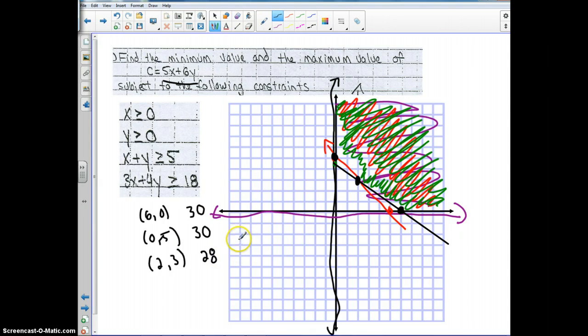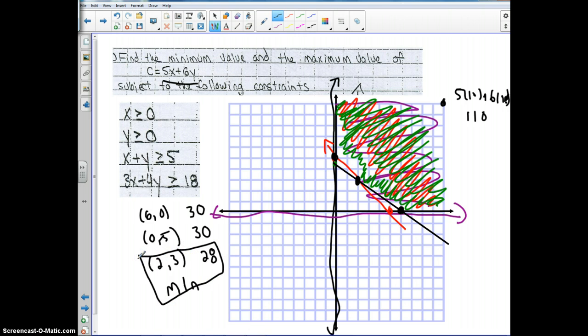So if I plug the point 10, 10 into this, if I do 5 times 10 plus 6 times 10, looks like I get 110. So all these values are smaller than 110, and that's in my feasible region. Therefore, I'm just looking for a minimum value. And in this case, my minimum would just be this point right here, because 28 is smaller than all the other ones.